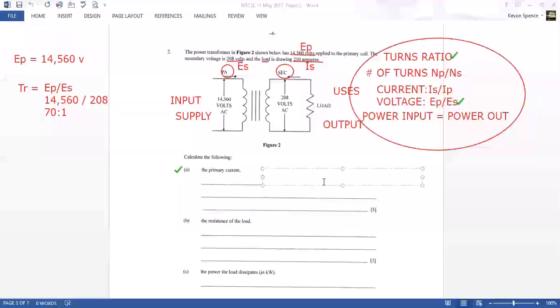So we will now use the formula turns ratio is equal to current secondary divided by current primary. We already have our turns ratio as 70 to 1, which means we can write this ratio as a fraction as 70 over 1.